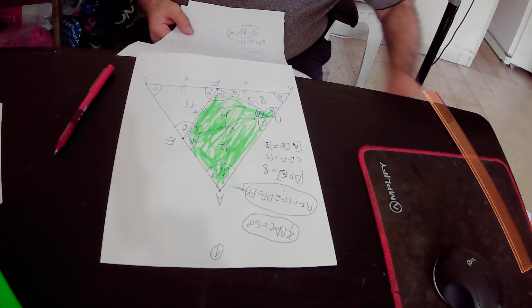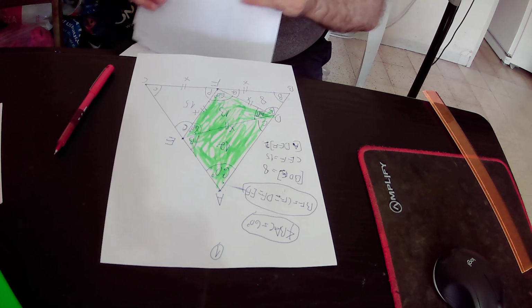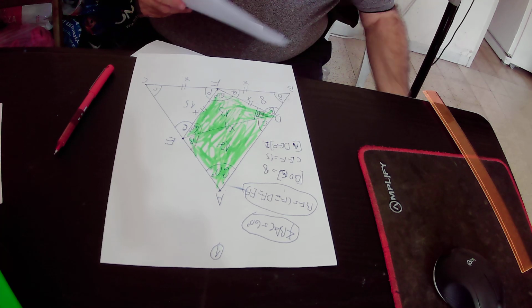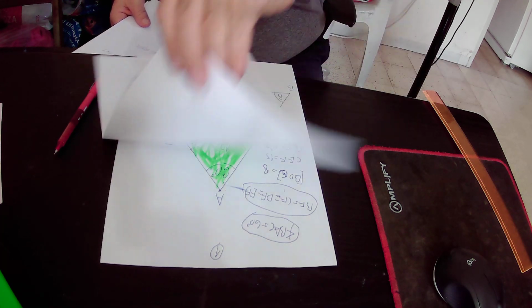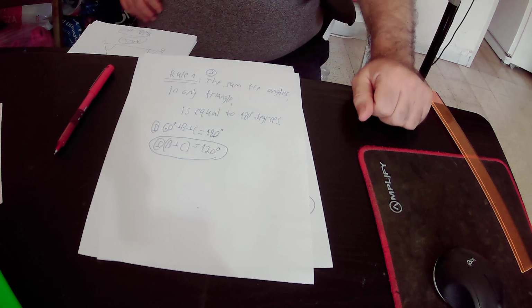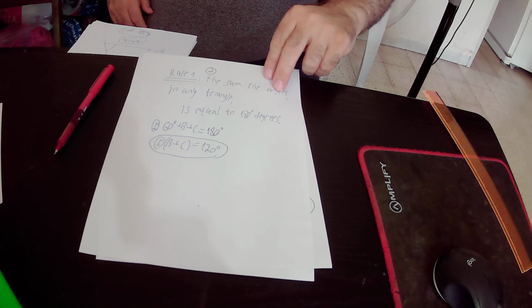Actually, we have rule number 1 that states that the sum of the angles in any triangle is equal to 180 degrees.